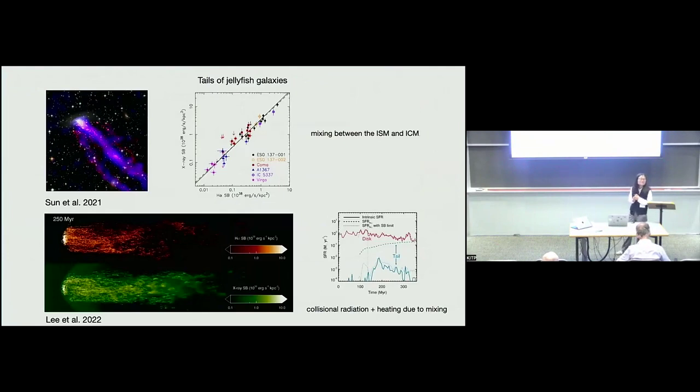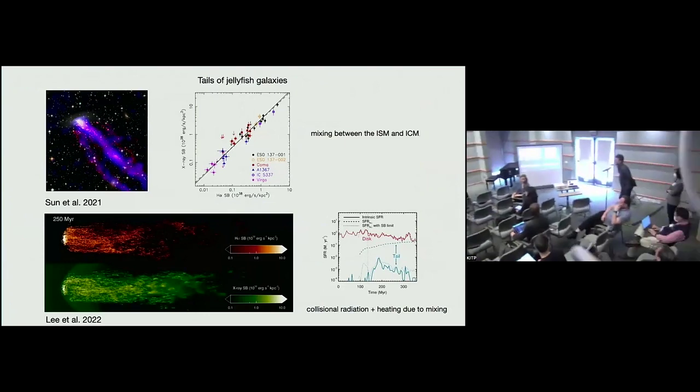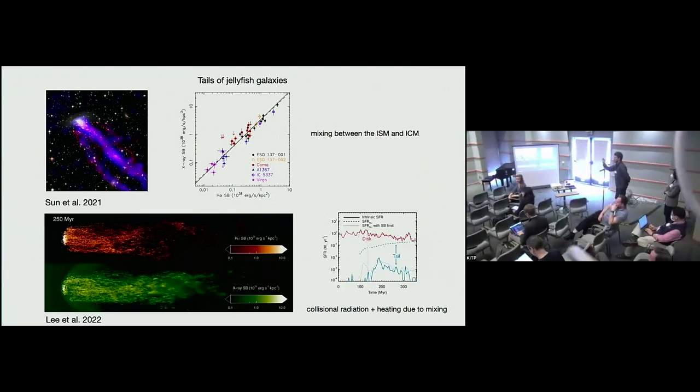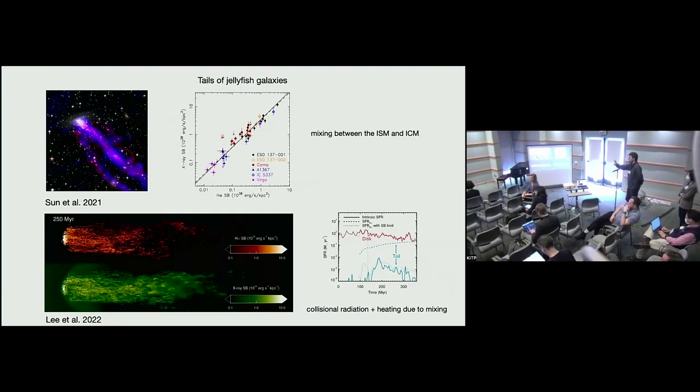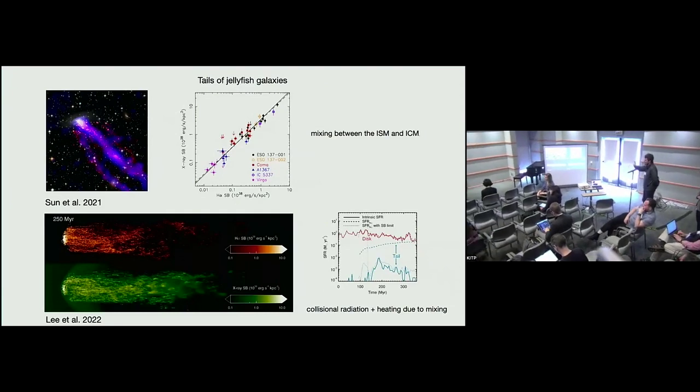Along similar lines, this is very cool work. This correlation is, I think, totally expected in the case that it is coming from mixing of these two phases, because the same thing that is giving energy to the X-ray emitting gas is also giving energy to the H-alpha emitting gas.